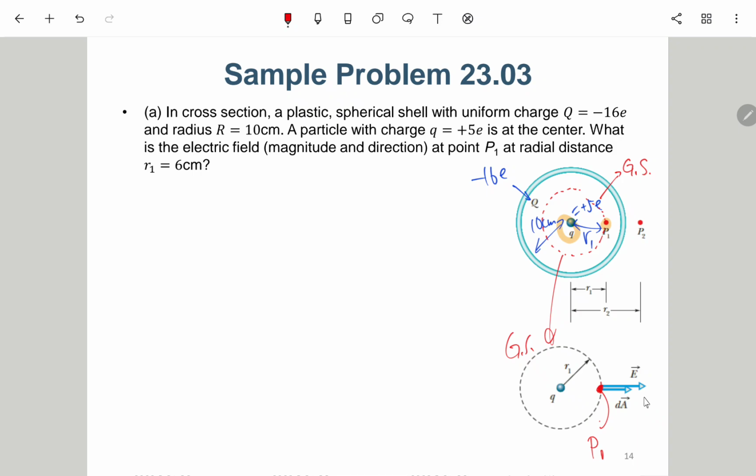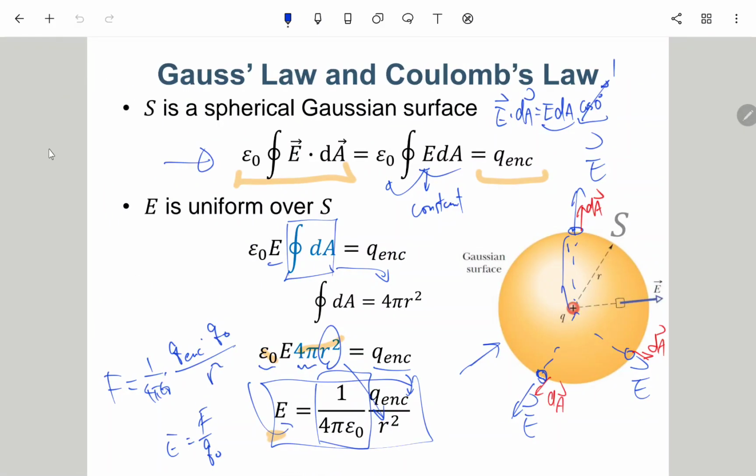So in such a way, we have the Gauss law: epsilon naught integration of E dot dA equals Q enclosed for part A. Okay, so this integration is symmetry.